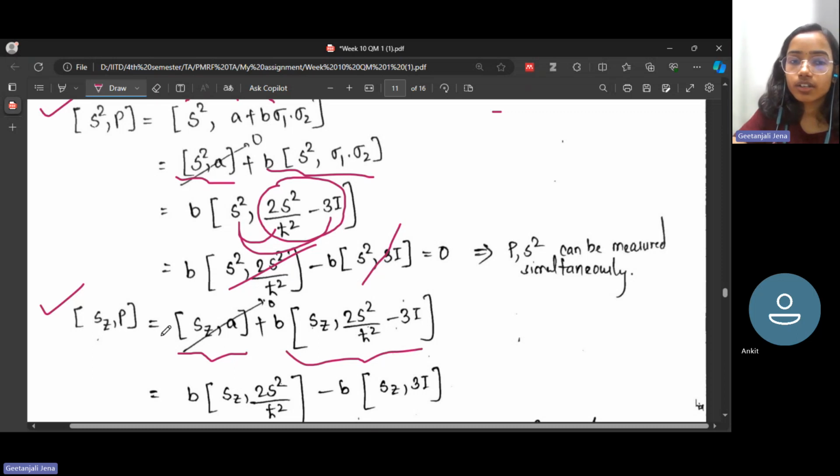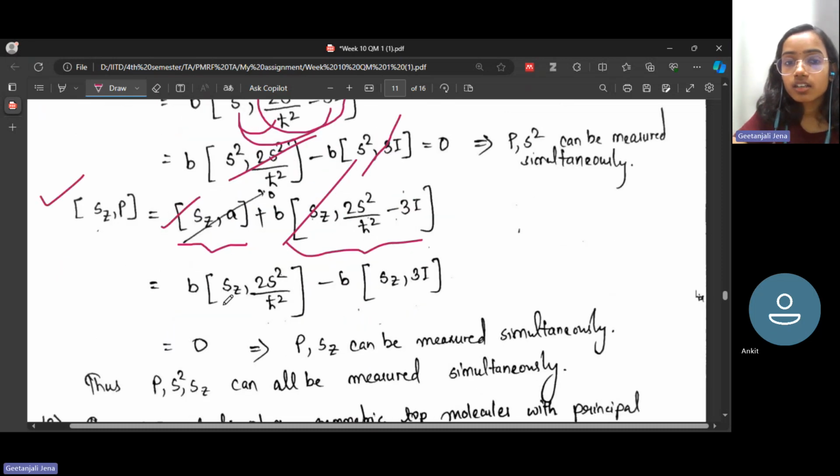The first one is already 0, and for the second one, Sz and S square commute with each other, so that first term would be 0, and for the second term, it is Sz commutation relation with 3I, so this is also 0.